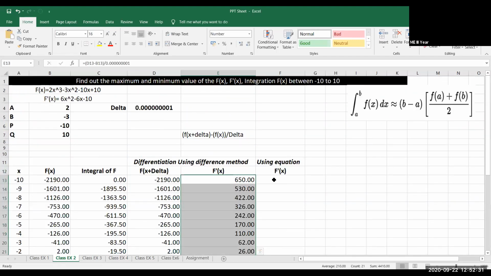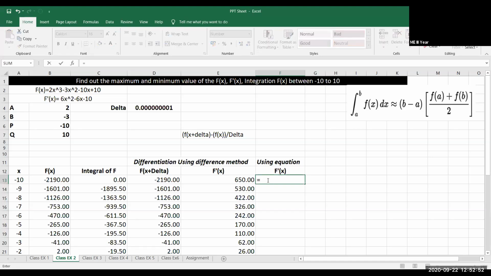Now similarly, using the equation. So what is the equation? The fx value is this one, and f dash x I have already written there. So using this equation, you just have to find out the f dash x. What is f dash x here? 6x squared minus 6x minus 10.